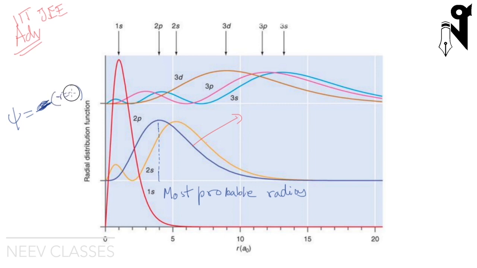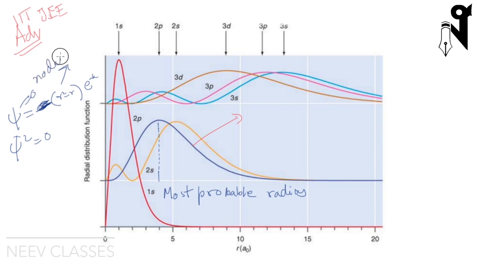So if you have a quadratic in R or whatever, and then e power some stuff over there, to get the place where the node is, either psi square is equal to 0 or psi equal to 0, because psi 0 and psi square 0 will be at the same spot. So when psi is equal to 0, you can straight away put it, you don't have to do a psi square. To do a psi square, I already told you, you should know the complex conjugate, which is not required. So say straight away psi equal to 0, and you'll get the nodes.